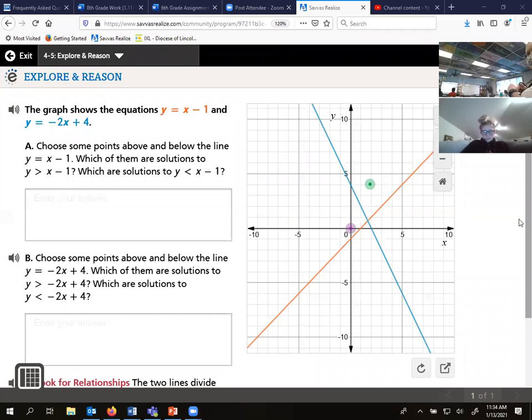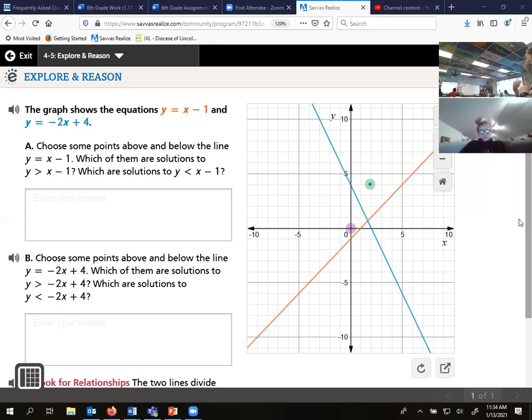If we're looking at the reddish orangish line, is it greater than x minus 1 or is it less than x minus 1? If you're looking at the red line, is it above or below that line, would you say? Above.